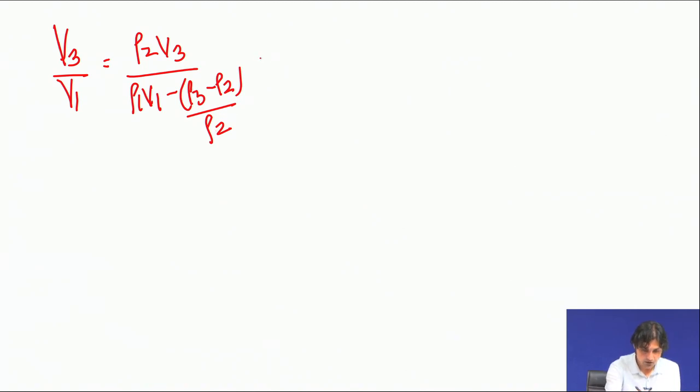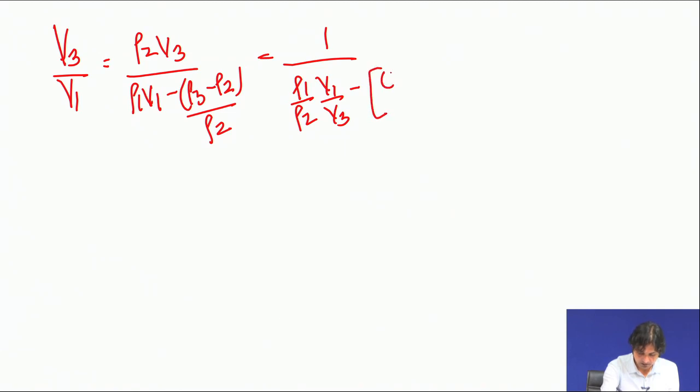Okay, or 1 by rho 1 by rho 2 V1 by V3 minus rho 3 minus rho 2 divided by rho 2.